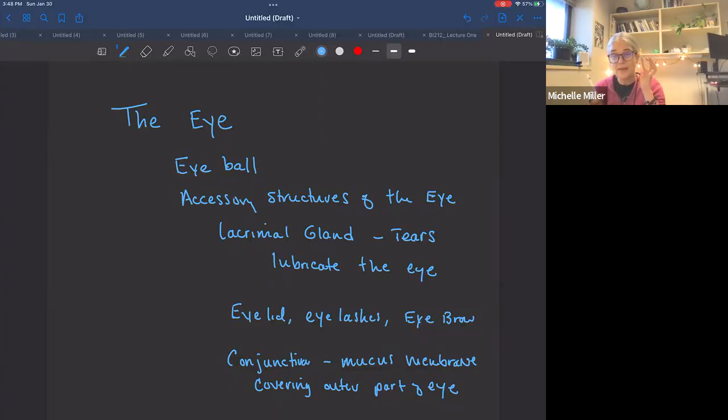Sometimes you can see the conjunctiva on the white part of your eye. It is sometimes irritated, and it can get swollen, like if you have really bad allergies. The other thing is that it can get infected with either a bacteria or a virus. And so this irritation of the conjunctiva causes conjunctivitis. So conjunctivitis is the irritation of the conjunctiva, and this is pink eye.